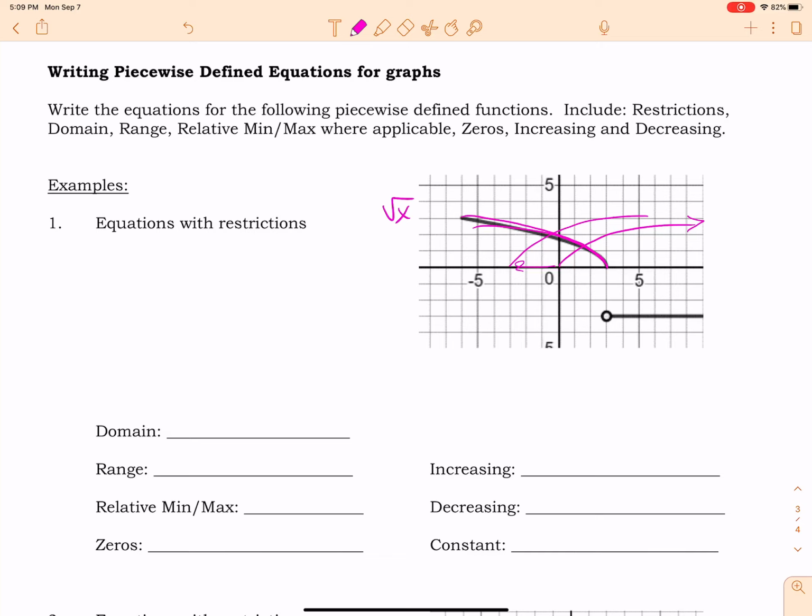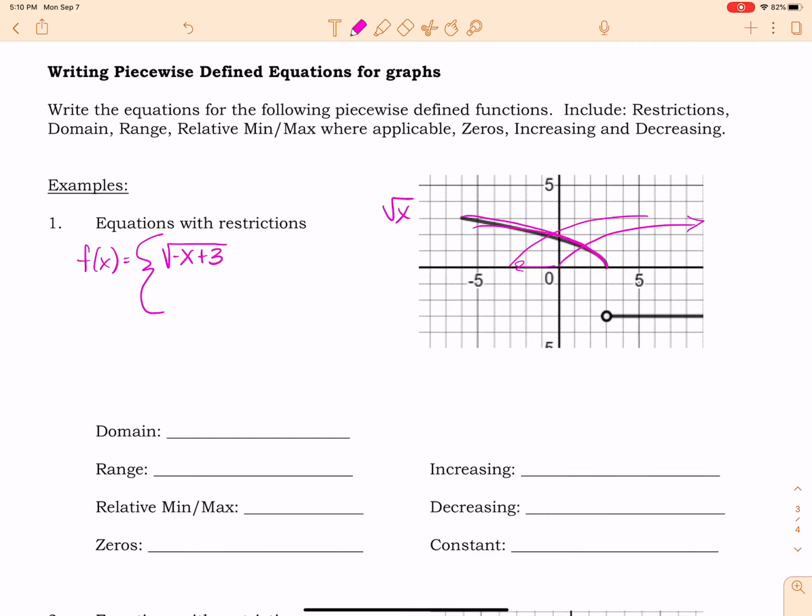So what would that look like? Well, it would look just like this. And I'm going to use a brace here because I've got more than one function in here. So this would be the square root of negative x plus 3. That's exactly what we would do for that.